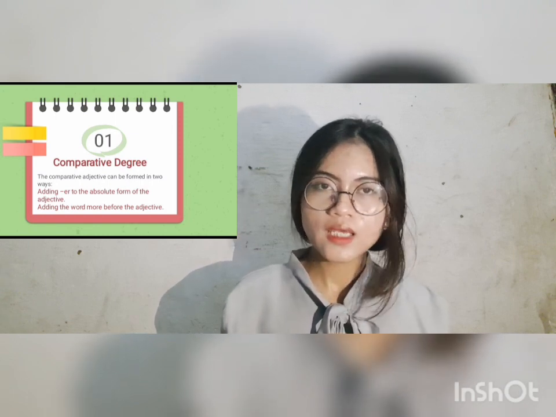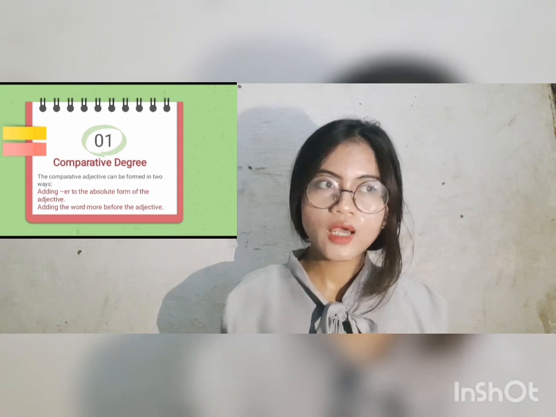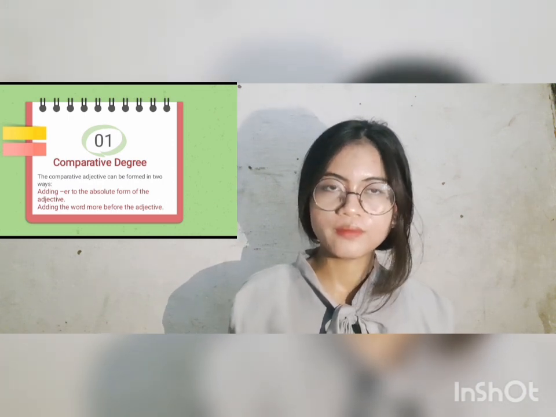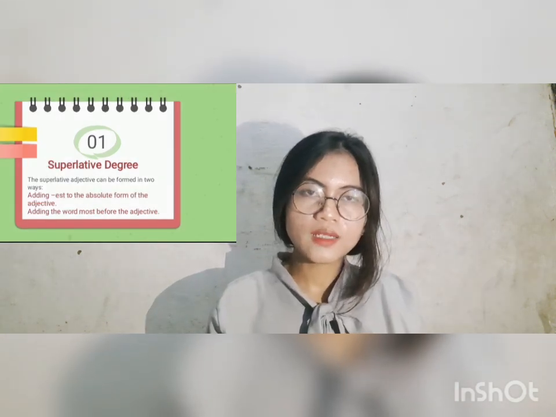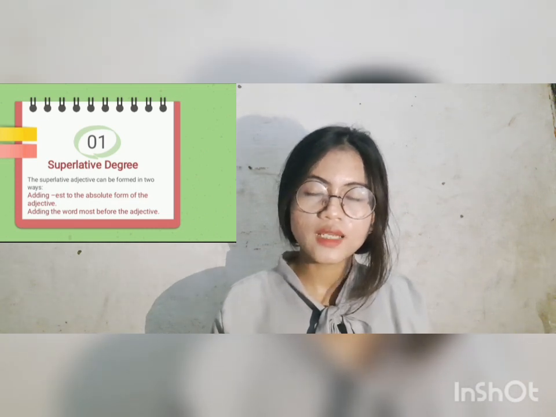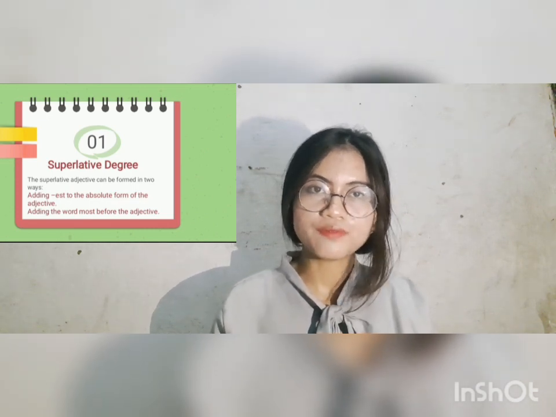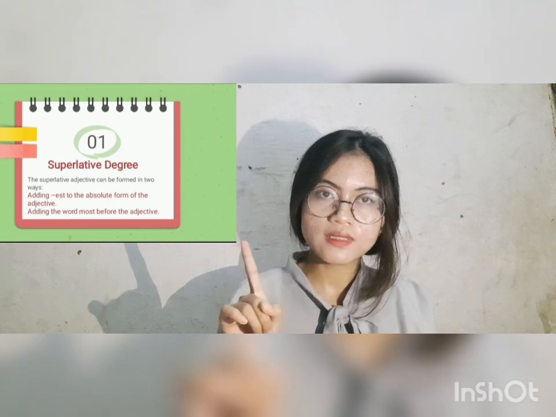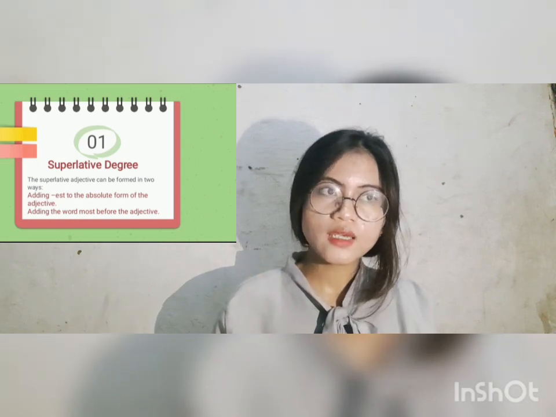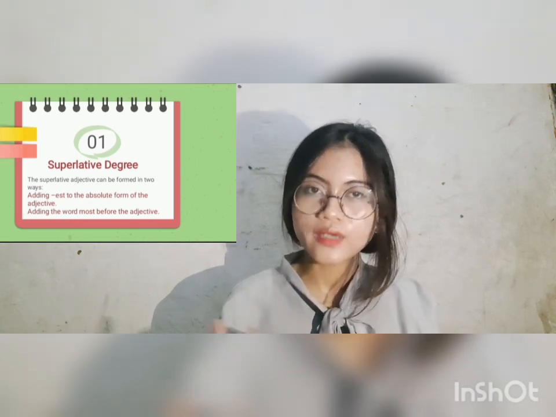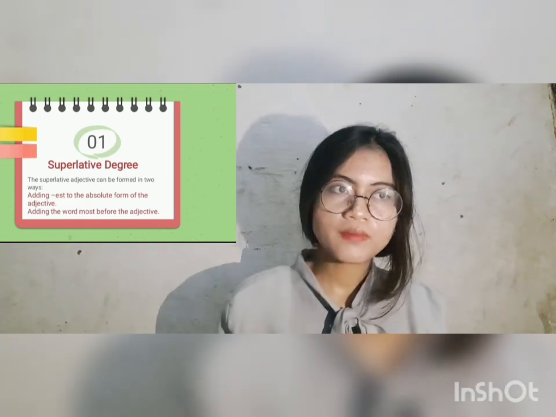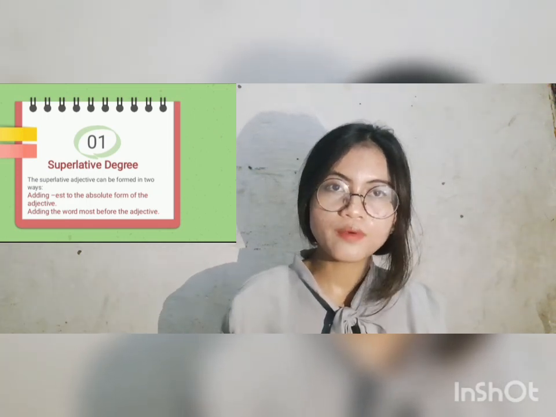And the last is adding the word more before the adjective. And the last is superlative degree. The superlative adjective can be formed in 2 ways. First, adding est to the absolute form of the adjective. And the last is adding the word most before the adjective.